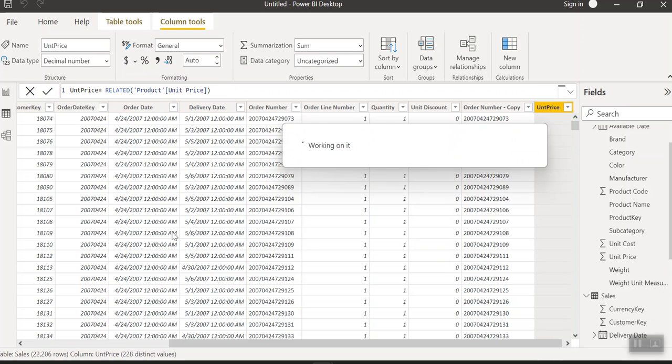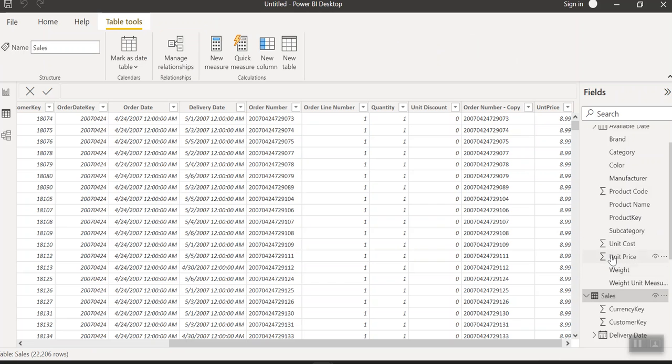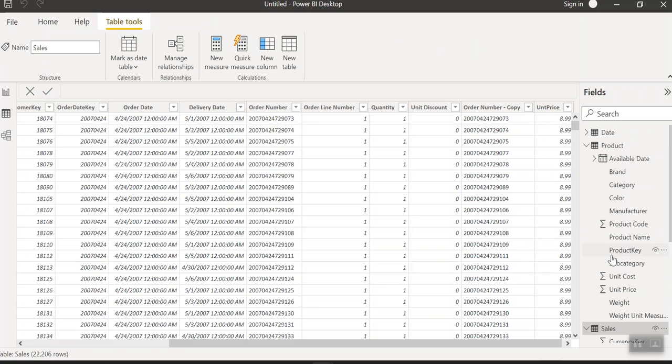Just press enter. This is the unit price, 8.99. So the quantity times the unit price is nothing but total revenue. You can create one more calculated column, or you can create a new measure with SUMX, whichever way you are comfortable. So I have added a calculated column on the many side.